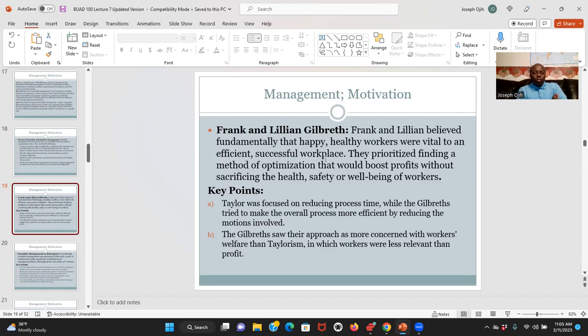So while Taylor focused on reducing the process time, Gilbreth tried to make the overall process easier by reducing the emotions involved. They find their methods to be more humane, in the sense that it is more concerned with the workers' welfare than that of Taylorism, in which workers are less relevant than profits.